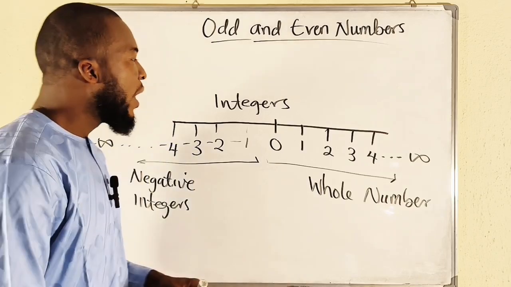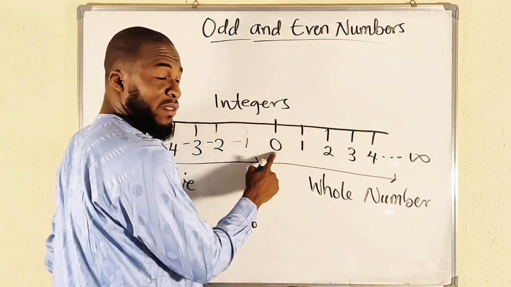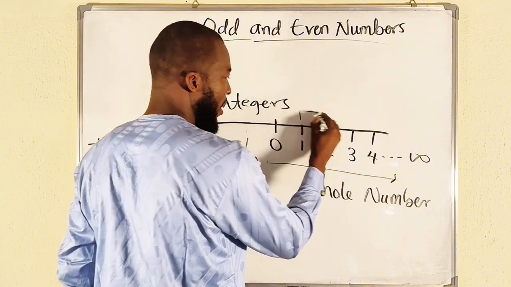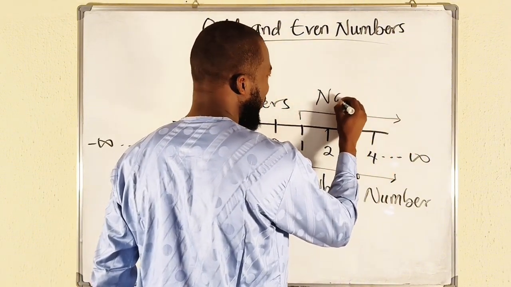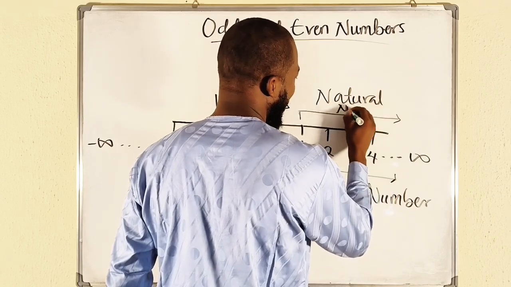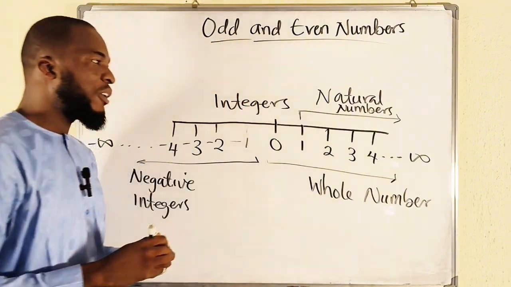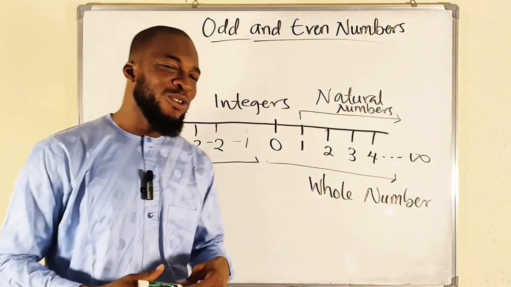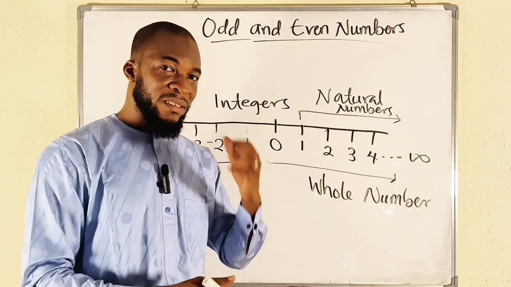Whole numbers. And if you start from 1, meaning you ignore 0, and take anything to the right-hand side, we call this what? Natural numbers. And natural numbers, I told you, are the counting numbers, because we count things starting from 1.